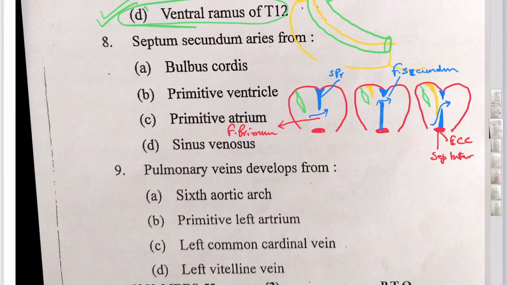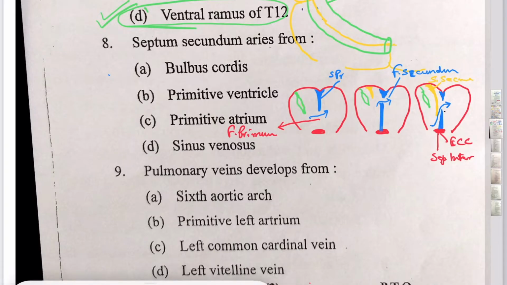Now, after birth, what happens is, this flap-like septum secundum, let me write it here, the yellow one is septum secundum. After this has reached this limit and this valve is formed, this is called foramen ovale. After birth, because the pulmonary circulation has been established, this closes.